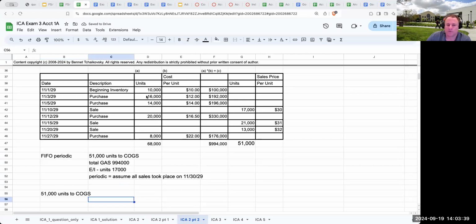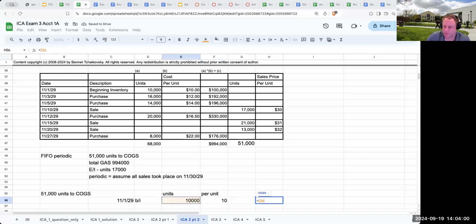Where do I start? First in, first out. So I'm going to start with my beginning inventory. The beginning inventory was 10,000 units at $10 per unit, for a total of 10,000 times 10, or $100,000.